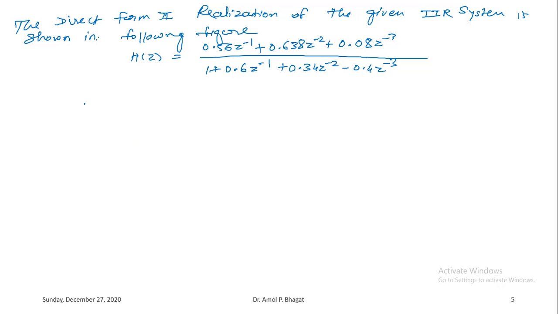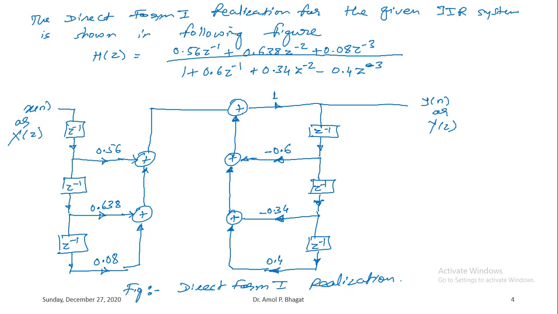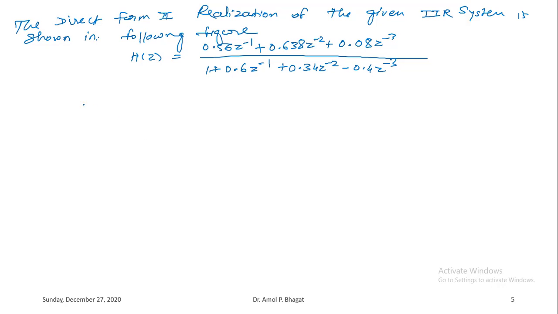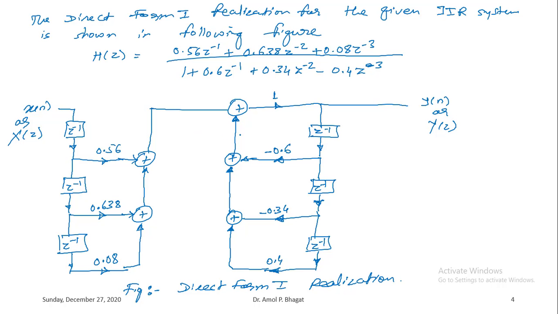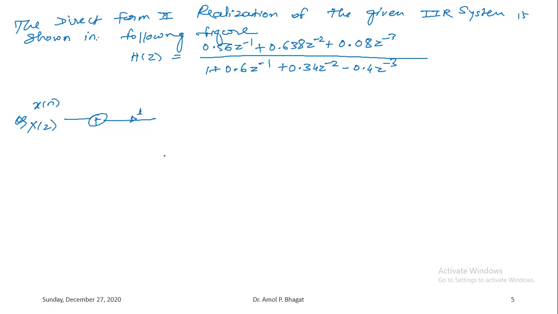As we have to draw the structure on the left hand side, here we'll indicate x of n or capital X of z as input, then we have this adder, right? Then these delay elements will be there.